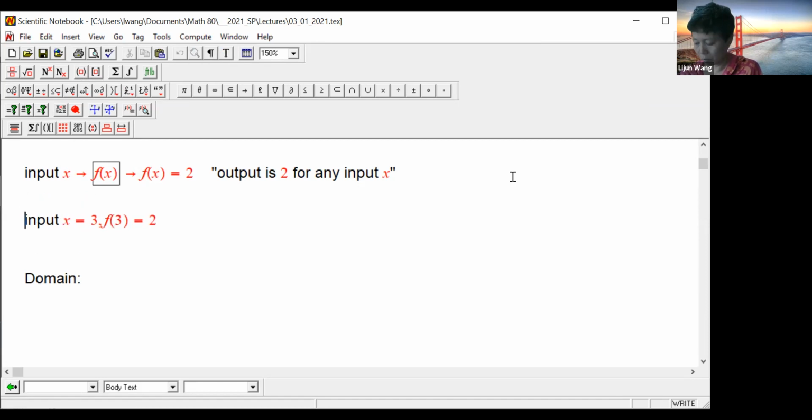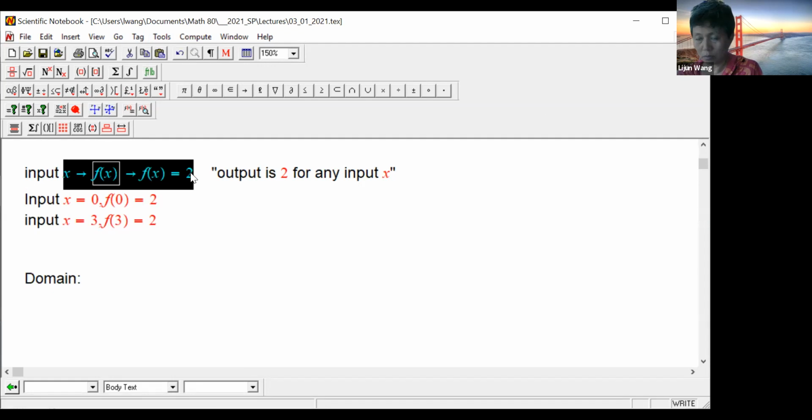If you give me input 0, the output for input 0 is going to be 2 as well. So no matter what you give me, the output is going to be 2.